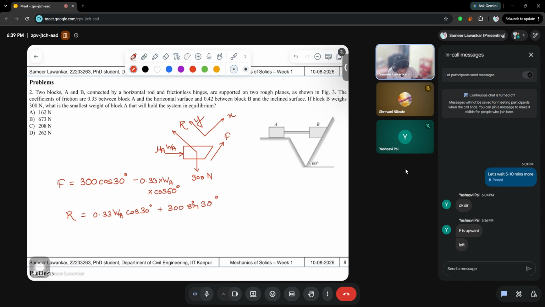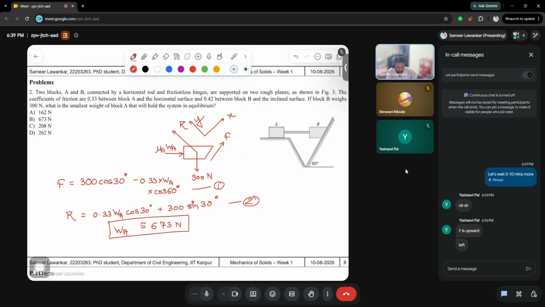If you correctly use equation 1 and 2, you can simply get the value of WA as approximately 673 newtons.